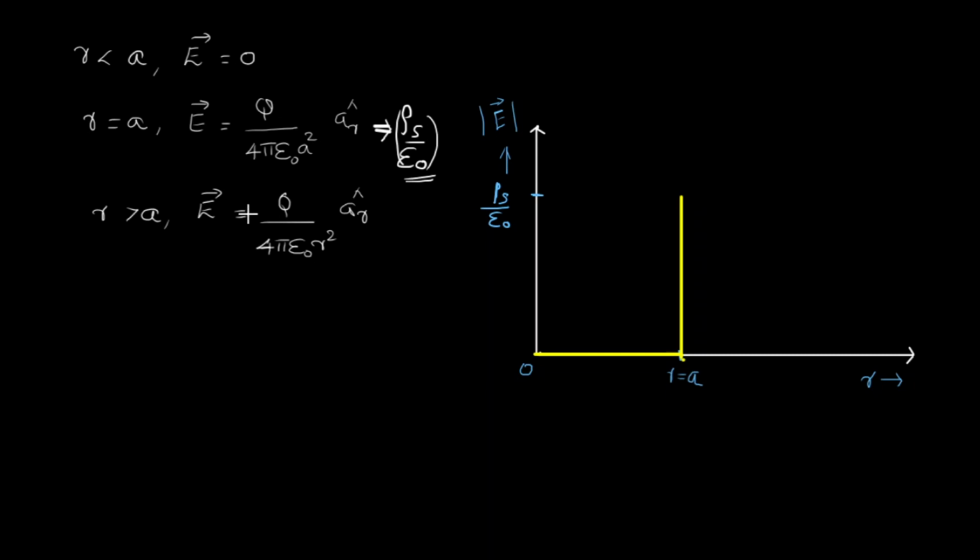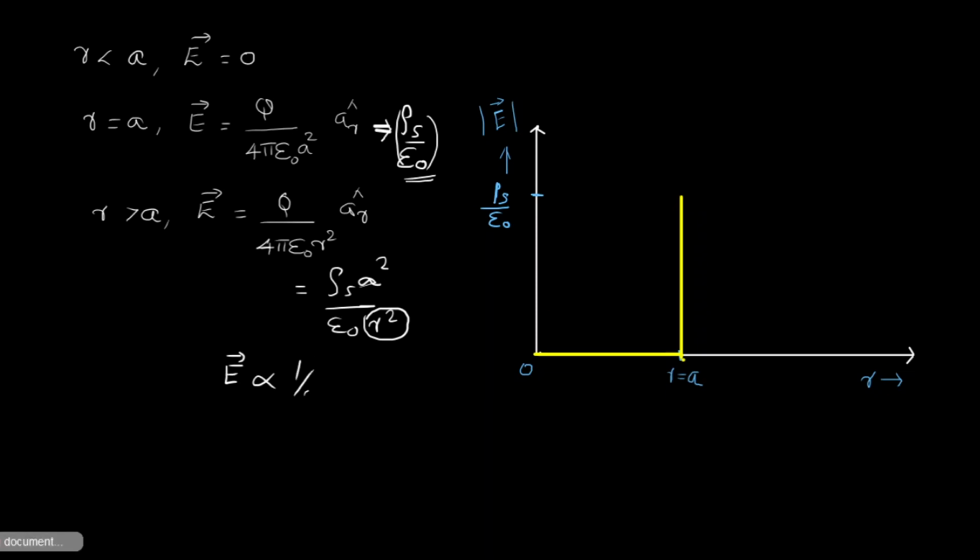When R is greater than A, E is going to be Q by 4 pi epsilon R square, or just now we found that by substituting Q, you can write this equation as rho S A square divided by epsilon R square. In this case, E is inversely proportional to R square.